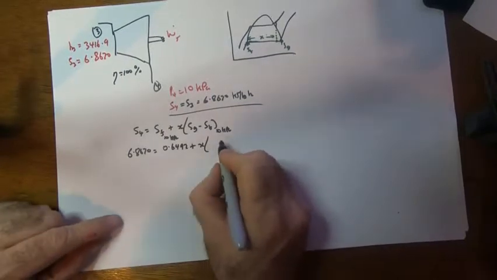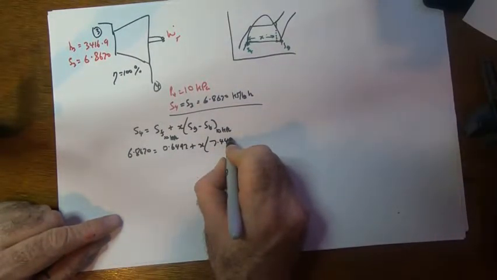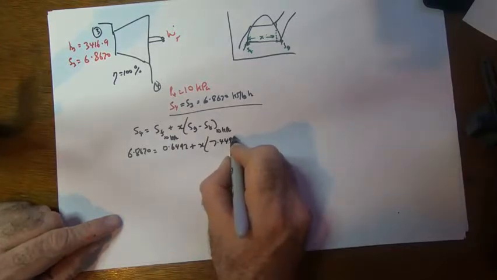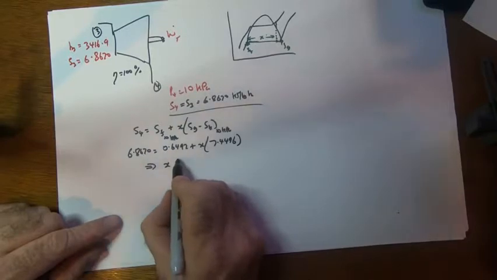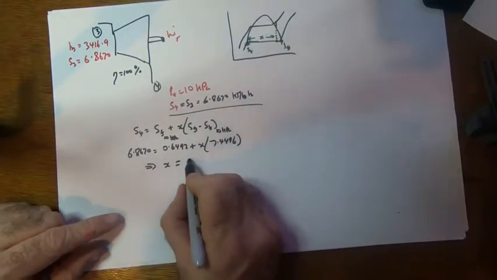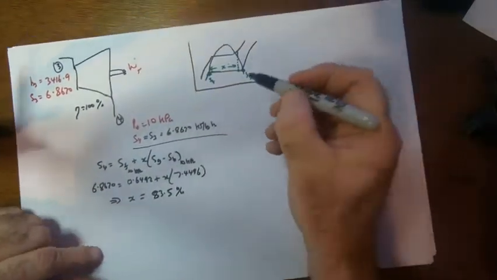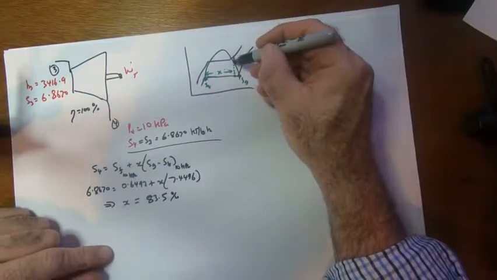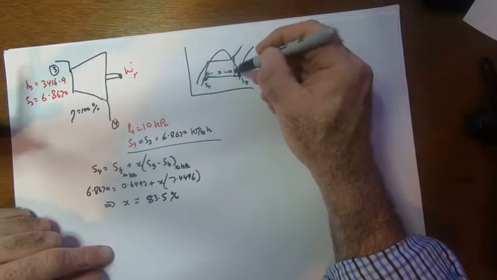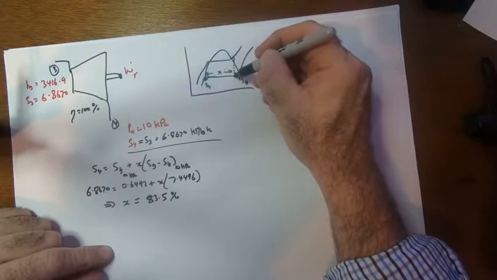And the difference is given in the tables as 7.4496. And we can solve this equation to get our X, and it turns out that X in this case is 83.5%. So what it says is we have come out of the turbine, isentropically we've dropped in pressure, and that superheated steam has gradually become wet steam with a little bit of liquid in.